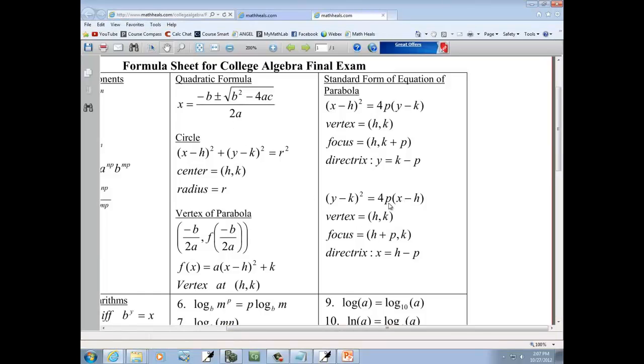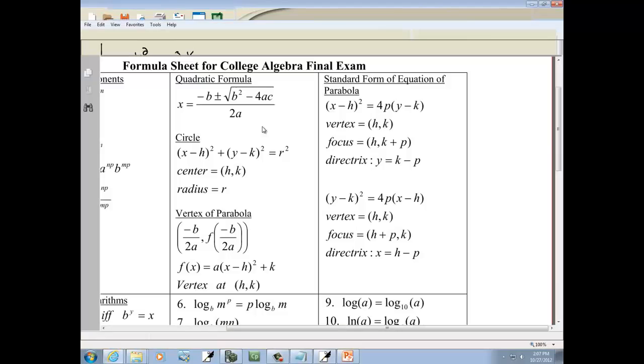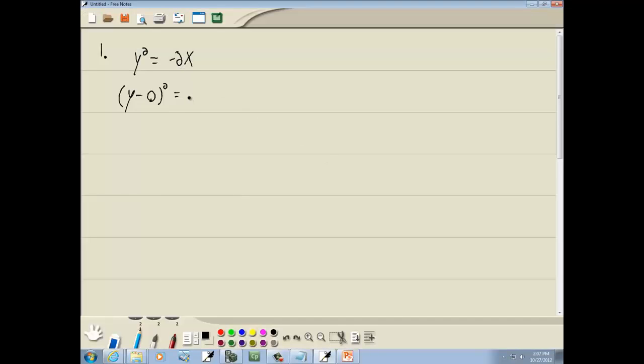Now over on the right side, we need parentheses. The easiest way to get parentheses in front of the x is to factor out whatever number's in front of the x. So factor out a negative 2. Then I want to rewrite this as x minus something. Again, we can rewrite it as x minus 0, same little trick we did on the y's.